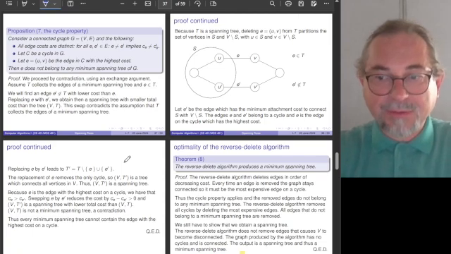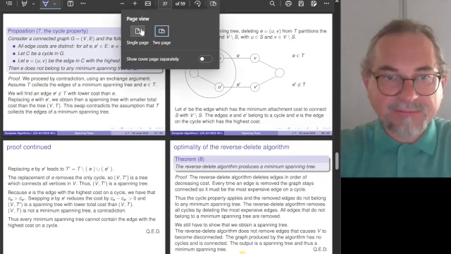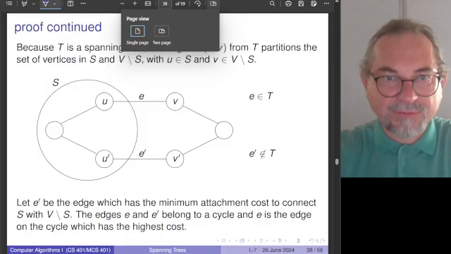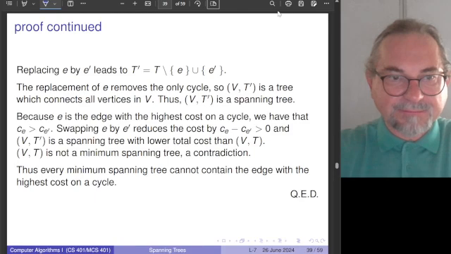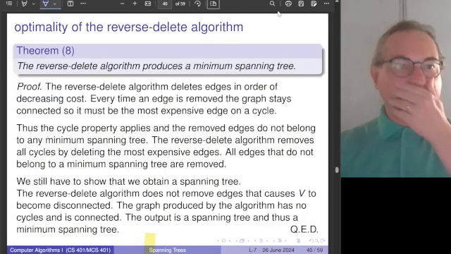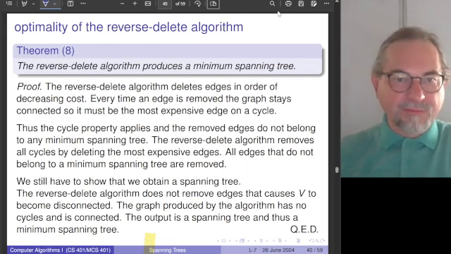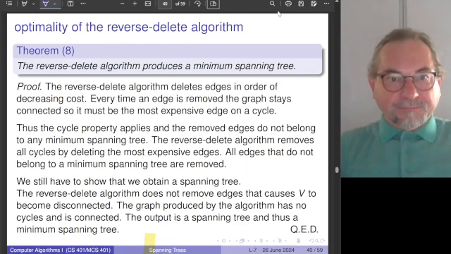And that cycle property will lead to the optimality of the reverse delete algorithm. So let's try to prove this. For the optimality, we are deleting edges in order of decreasing cost.